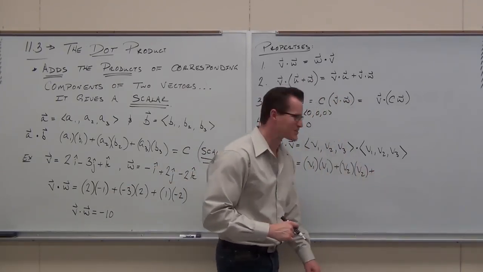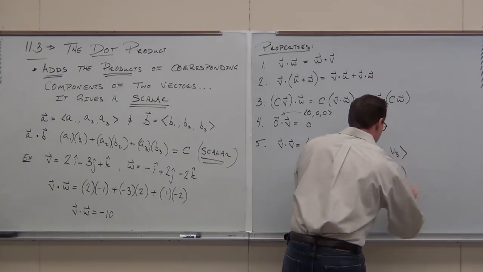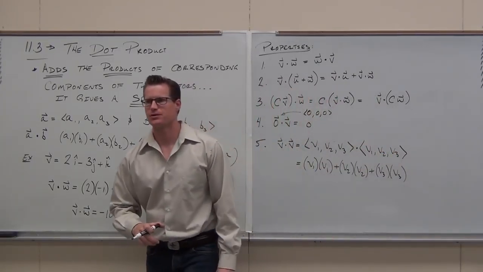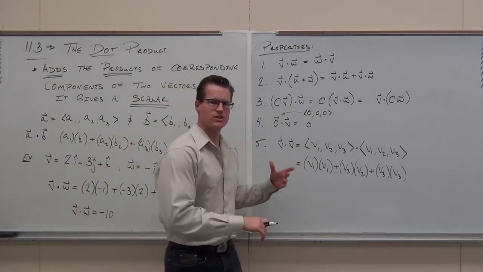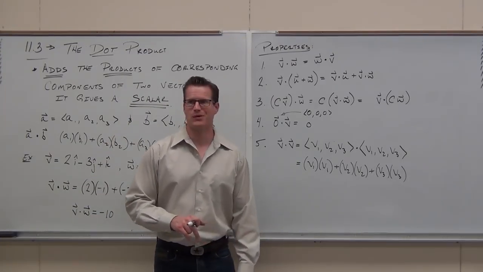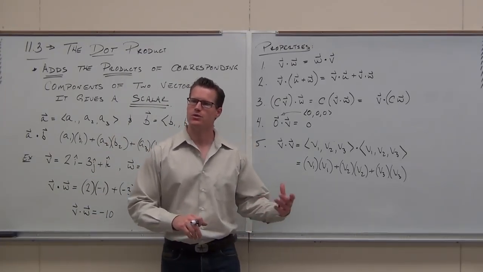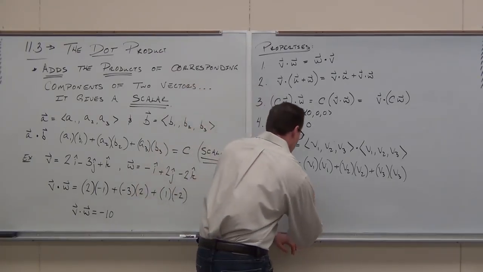I'm guessing you know the last one. True or false, that's going to give me a vector? What's it going to give me? Just like every other time a dot product works for us, it's going to give us a scalar. That's right. But wait, there's more. How else could you represent V1 times V1? V1 squared.